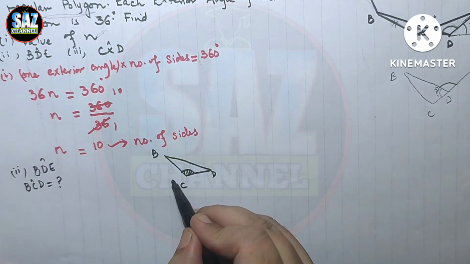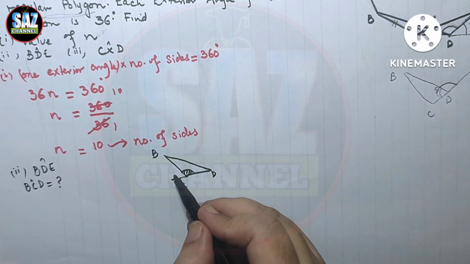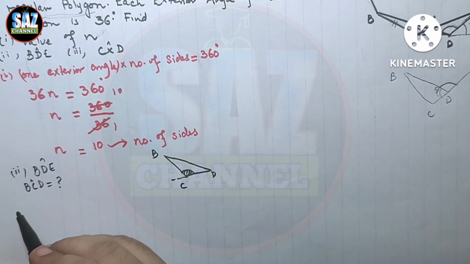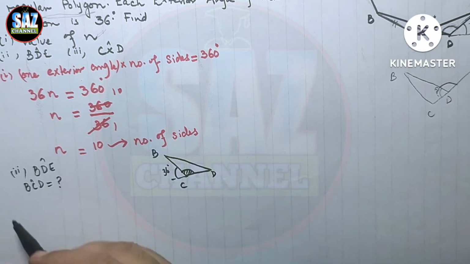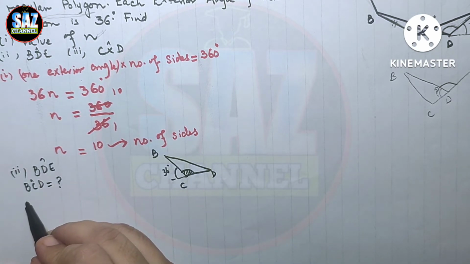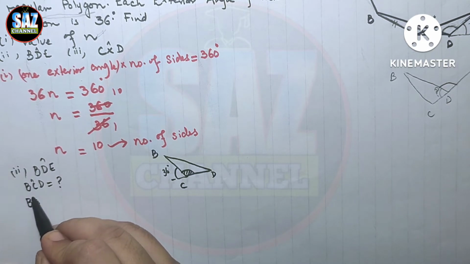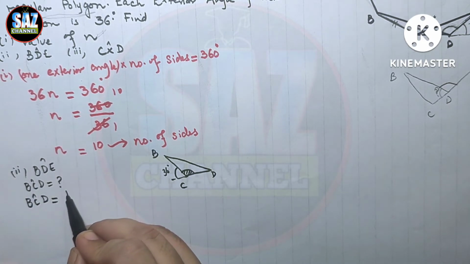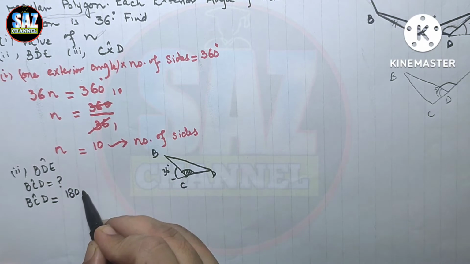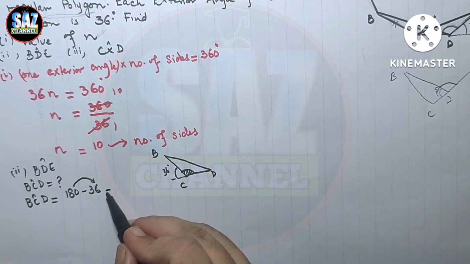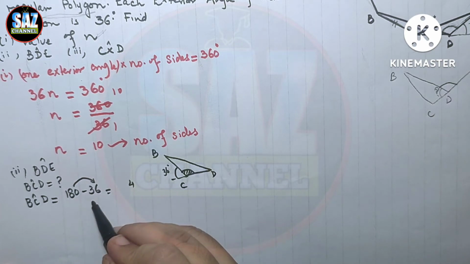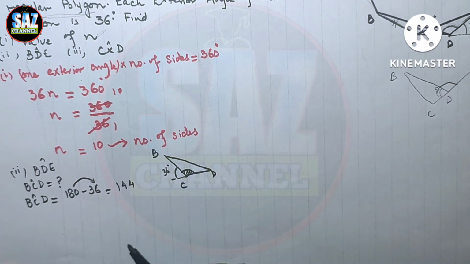We know that interior and exterior angles are adjacent to each other. As this exterior angle is of measure 36 degrees, BCD will be equal to 180 minus 36, which is 144 degrees.